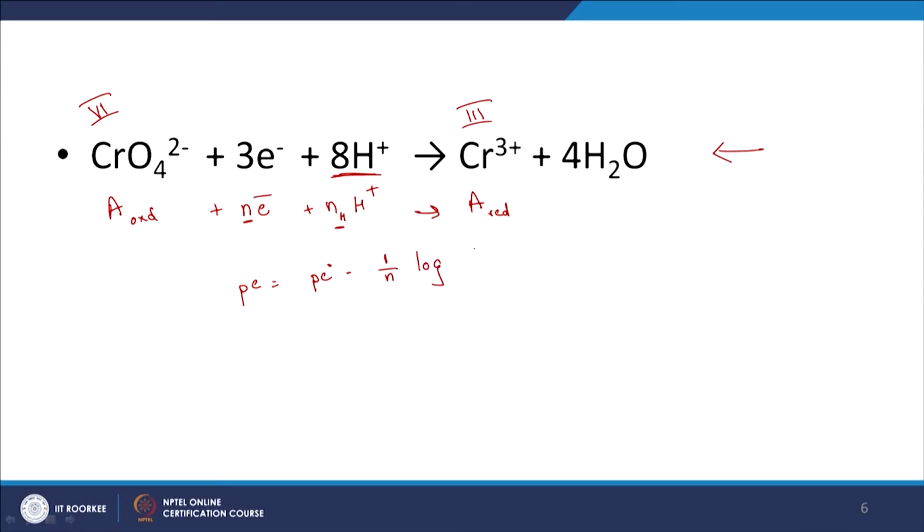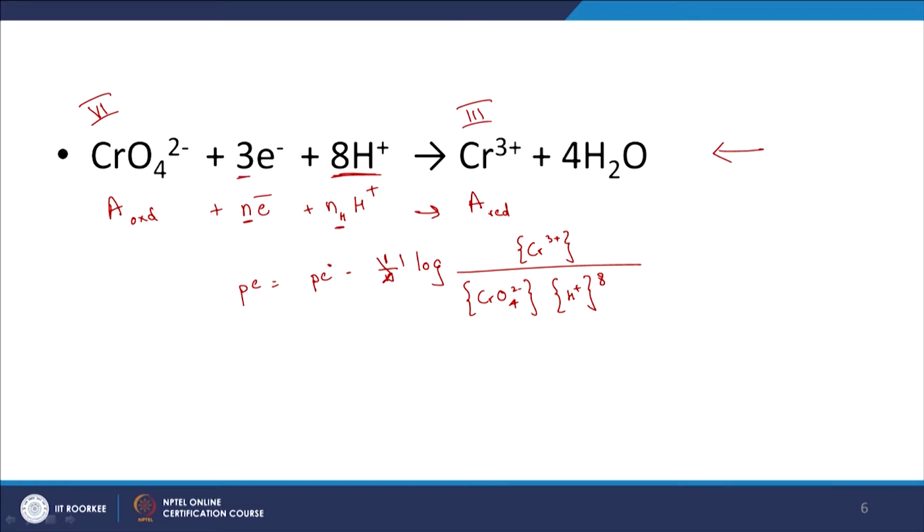And what is q dash in this case? It is the activity of Cr3 plus, times the activity of water, which for dilute solutions is equal to 1, divided by the activity of CrO4 2 minus. The electrons we already considered, so we are not going to have the electrons term here, times H plus to the power of 8. And this n should now have been 3.